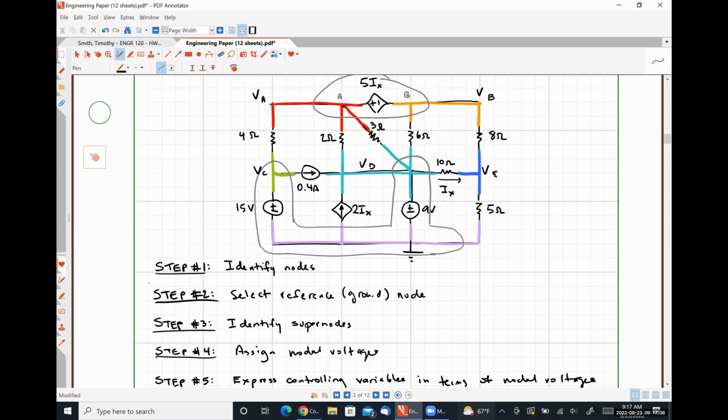So our supernode VC, VD, or CD and ground contains our reference node. And in the nodal analysis procedure, we never write a KCL equation at our ground node. So the only equations that we are going to get from this are our voltage equations.